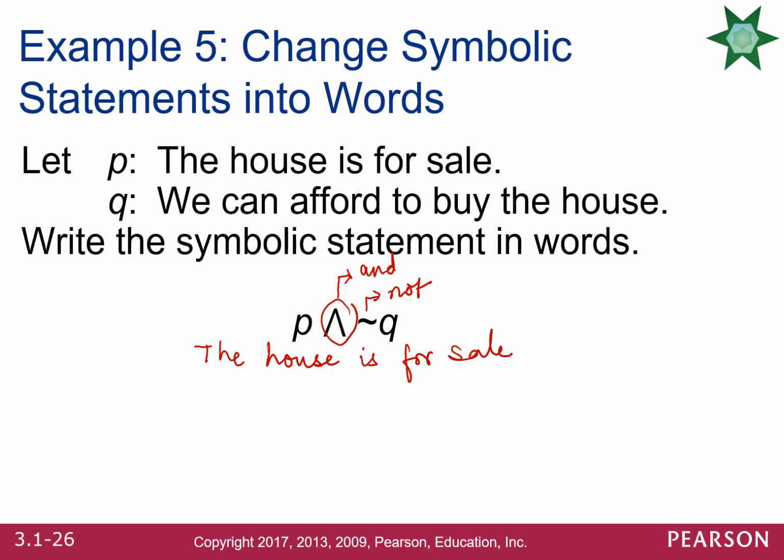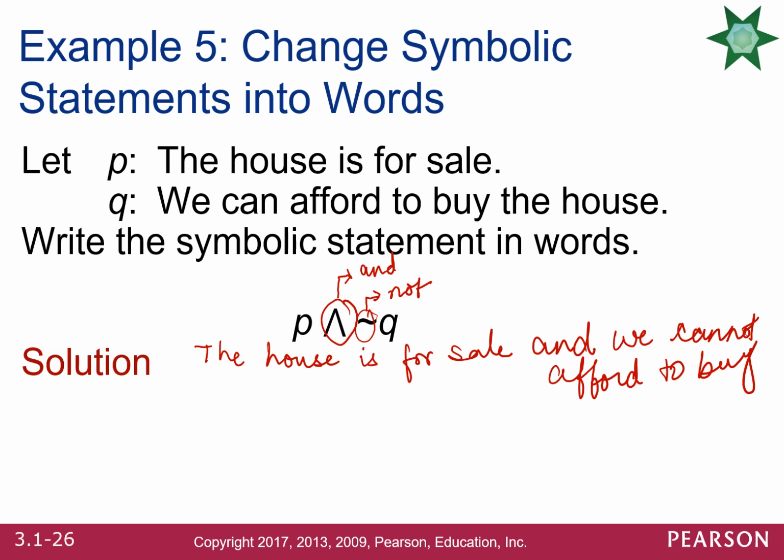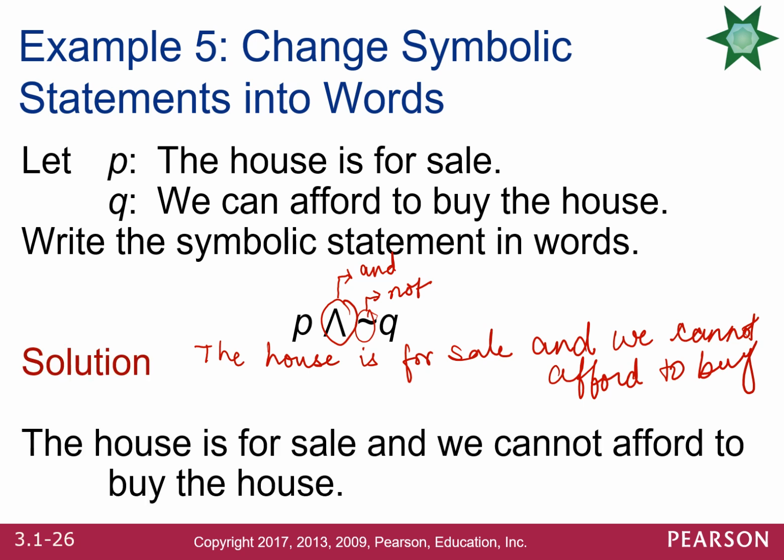And then this is the and, because this is a not symbol, we have to write it as and we cannot afford to buy the house. All right, so let's look at the solution quickly. The solution is the house is for sale and we cannot afford to buy the house. Same thing as what we came up with.